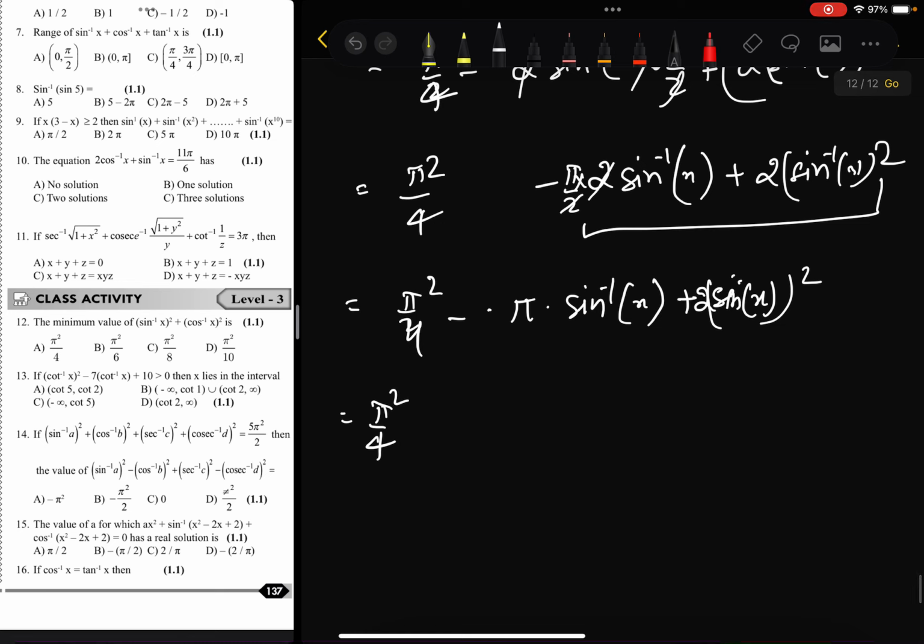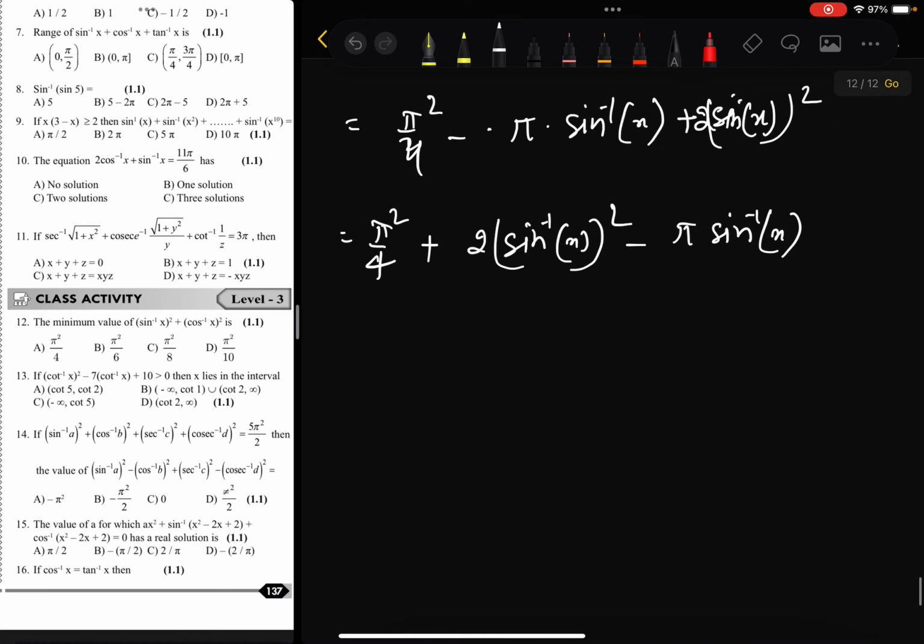So this is pi square by 4 minus pi times sine inverse x, taking the minus common, plus 2 times sine inverse x whole square. Now we have to convert this into a perfect square.